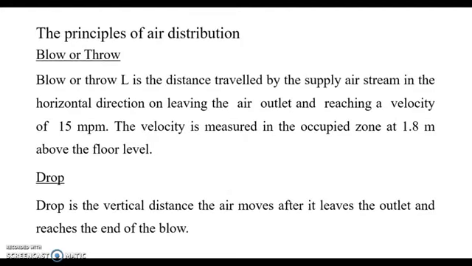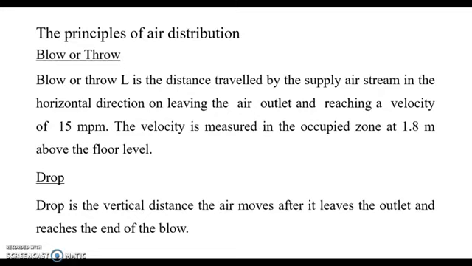The principles of air distribution. The first one is the blow or throw. Blow or throw is the distance travelled by the air in the horizontal direction on leaving the air outlet until reaching the velocity of 15 meter per minute.